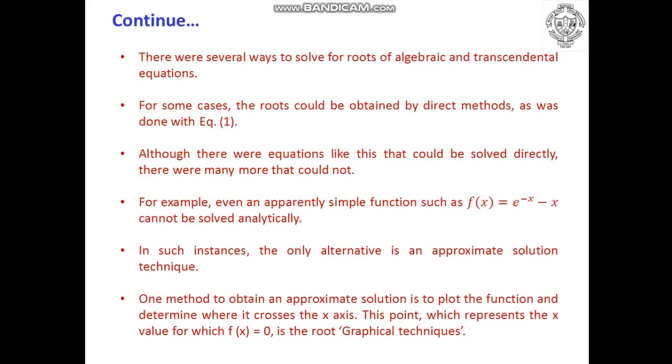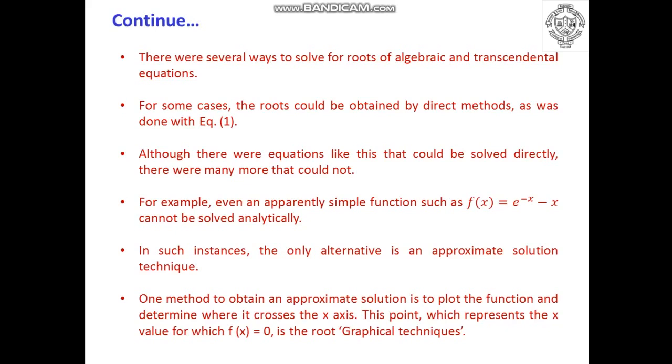So there are several ways to solve for the roots of algebraic and transcendental equations. For some cases the roots can be obtained by direct methods, as was done with equation number 1. Although there were equations like this that could be solved directly, there were many more that could not.